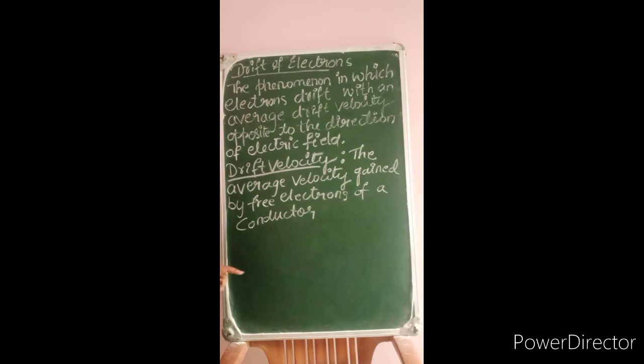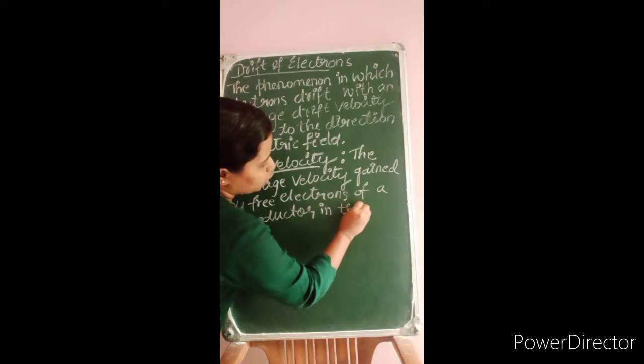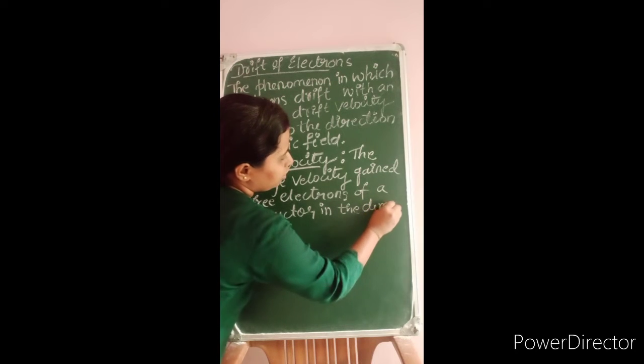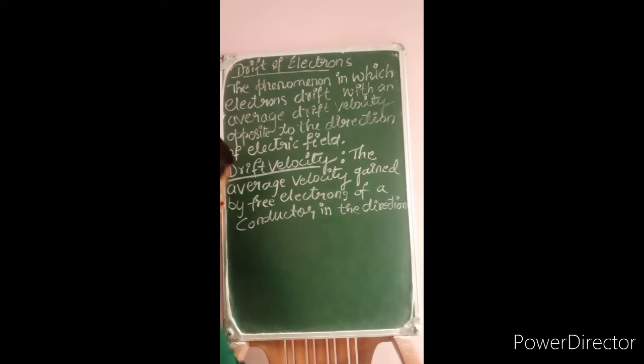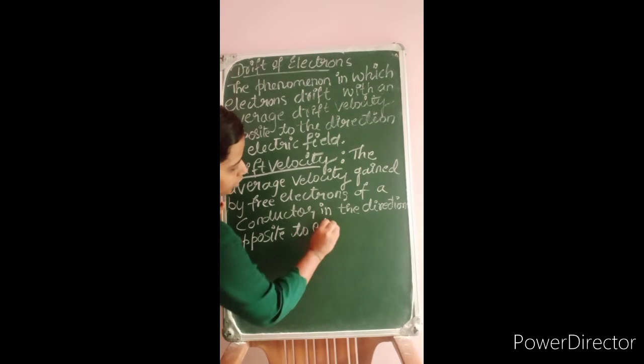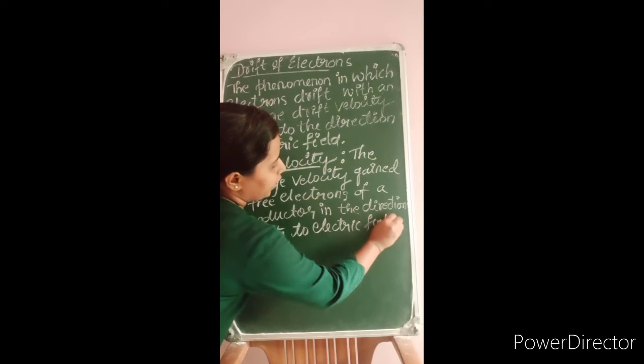It is called drift velocity, and it will always be in the direction opposite to the electric field.